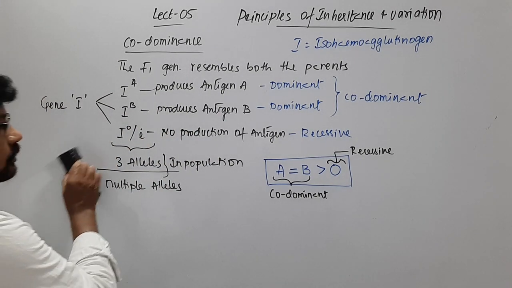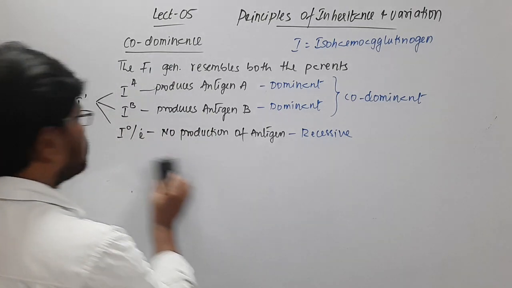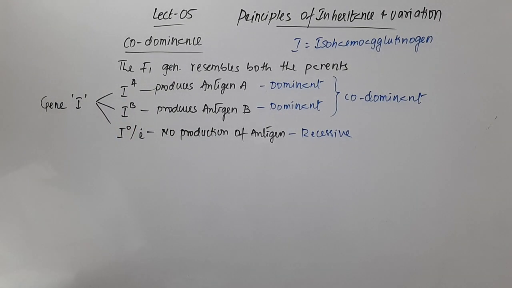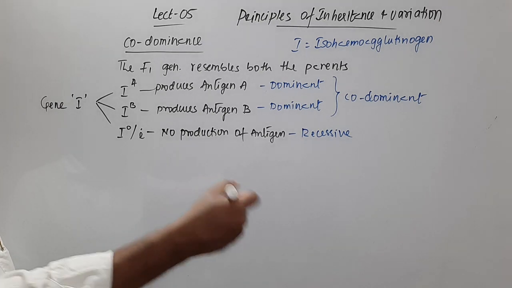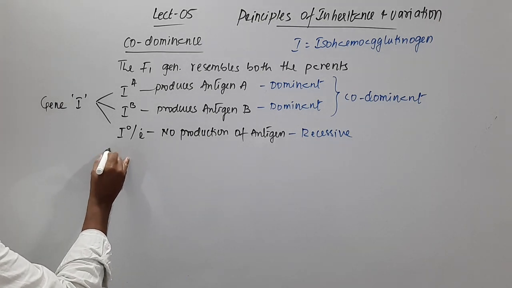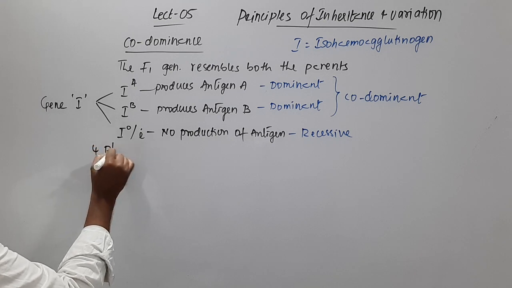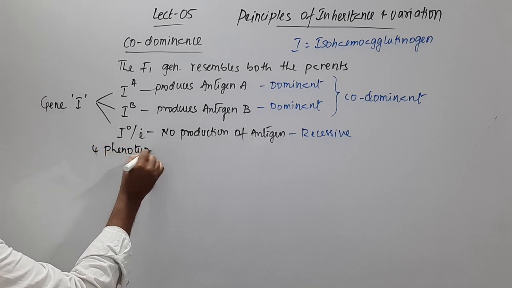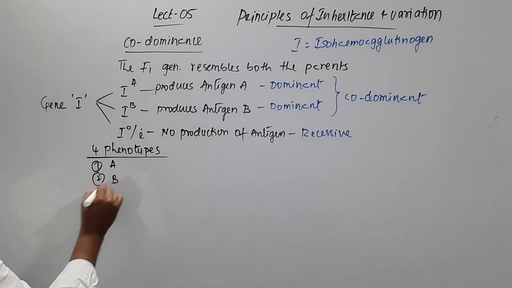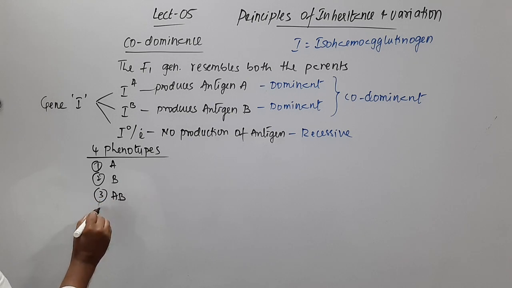Here I already told you that there are four phenotypes: A, B, AB and O.